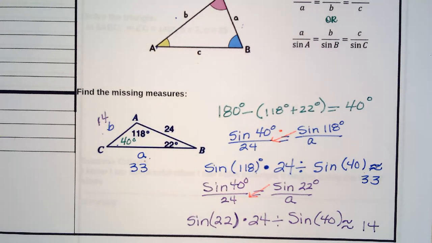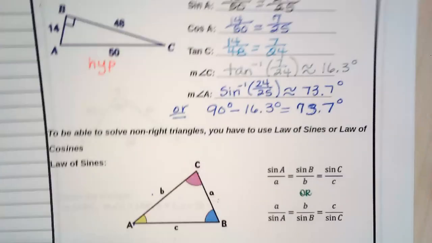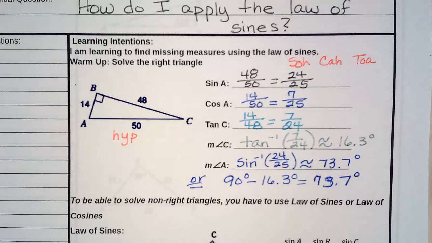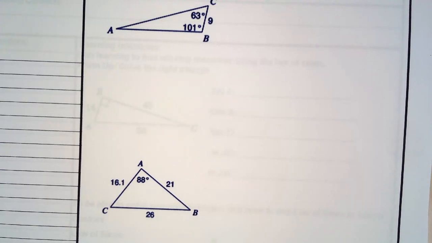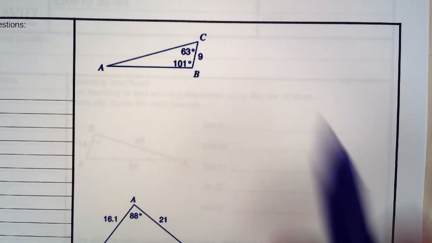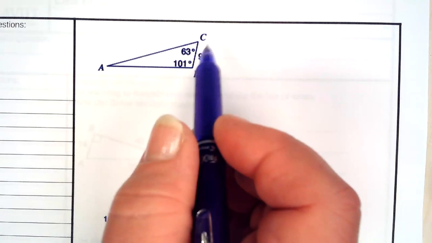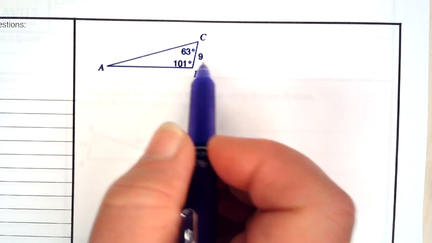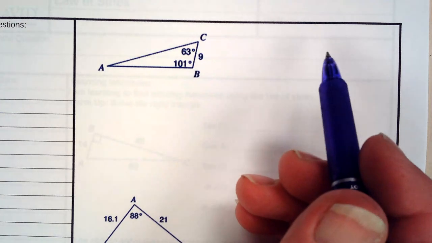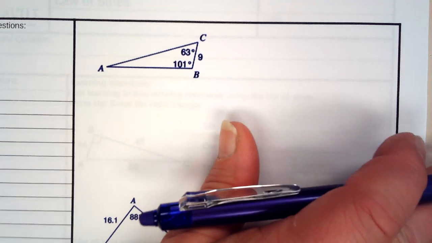You found all the angles and you found all the sides. But remember, to use law of sines, you've got to have that matching pair. You have got to have a side that's opposite of an angle that you know. If you've got two of the three angles, you always use the triangle sum theorem.